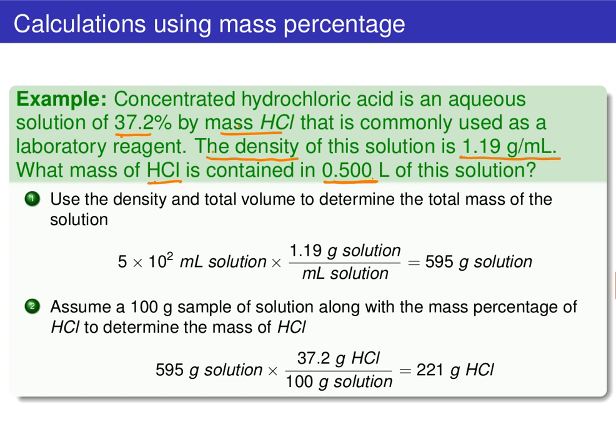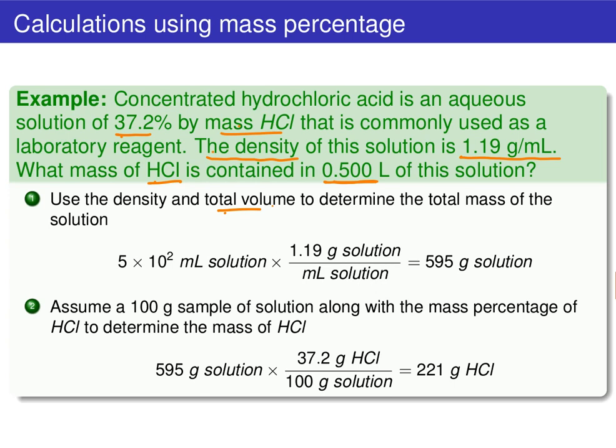Okay, so we have a percent by mass, we have a density, and we have a volume. And we need to figure out the mass of that solute, the mass of that HCl. Our first step in solving this problem is to use that density and the total volume of 0.5 liters to determine how many grams of solution we have. Because remember, this is the density of the entire solution, the volume of the entire solution.